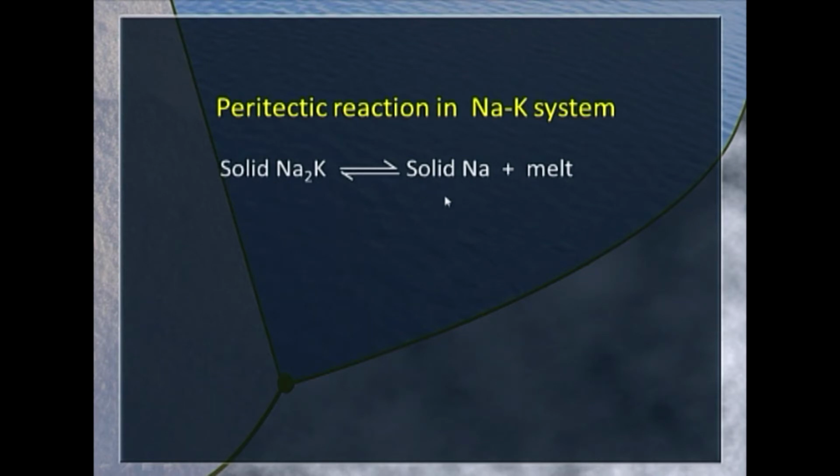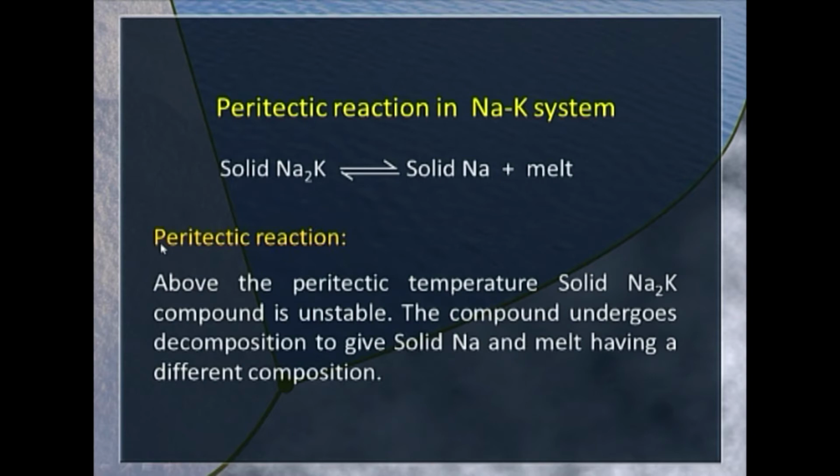This is a reversible reaction. In this case, we can see the changes at the peritectic temperature, in which solid Na2K compound, being unstable, undergoes decomposition to give solid sodium and a melt having a different composition.